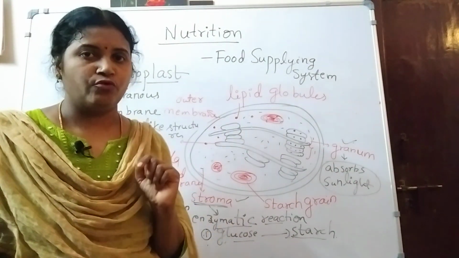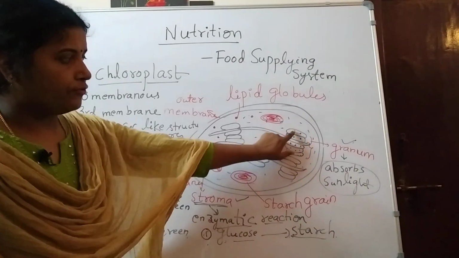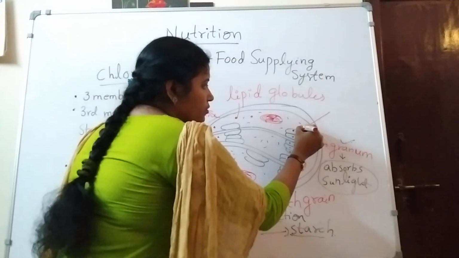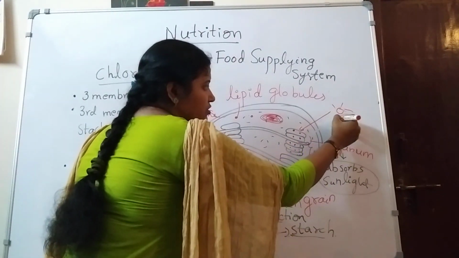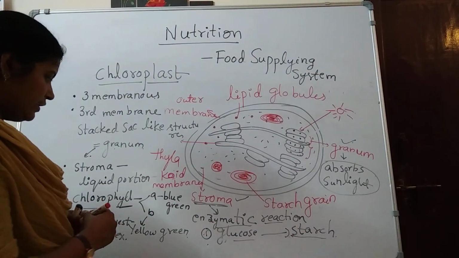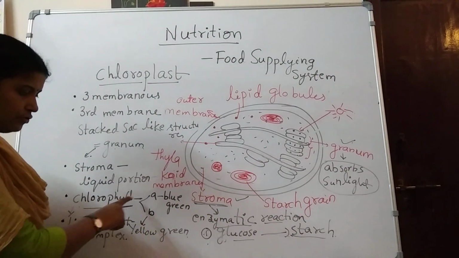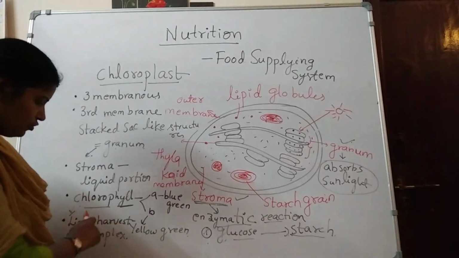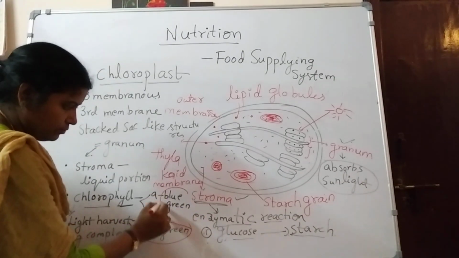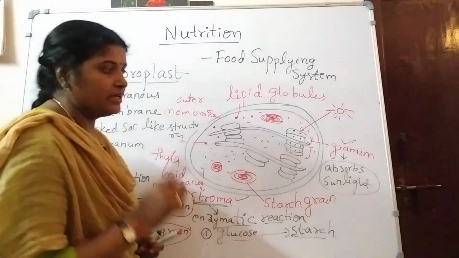The main pigments are chlorophyll pigments, and these are present in the granum, meaning here it absorbs the sunlight. Draw this a little, it will help you in the next topic, the mechanism of photosynthesis. What are the types of chlorophyll? Chlorophyll A and chlorophyll B. Chlorophyll A is blue green in color, chlorophyll B is yellow green in color.